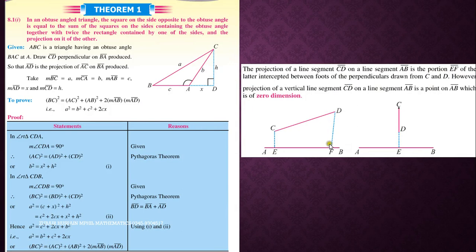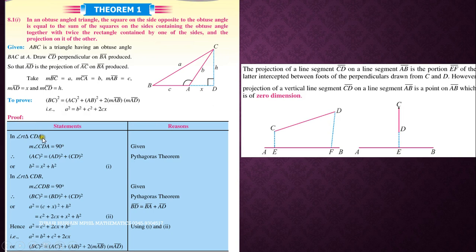So here AD is the projection of AC on BA produced. Let us take their names: BC is supposed to be a, AB is supposed to be c, AC is supposed to be b, CD is supposed to be h, and AD is supposed to be x. We are going to prove this statement, which is already explained.